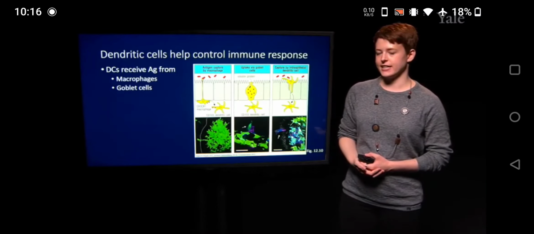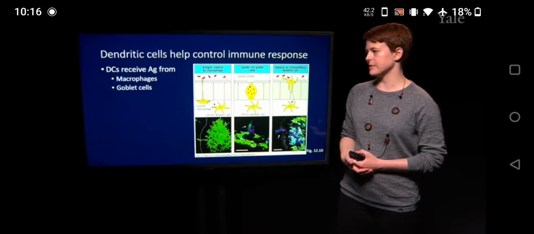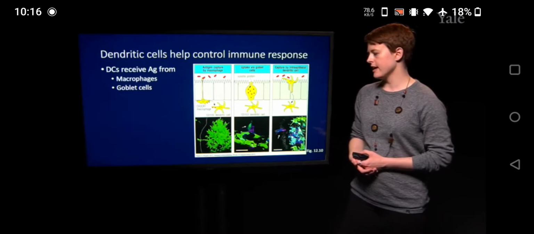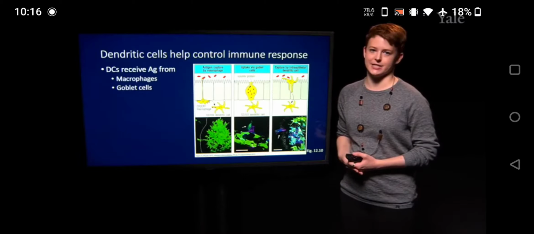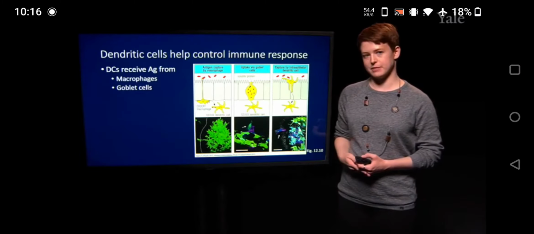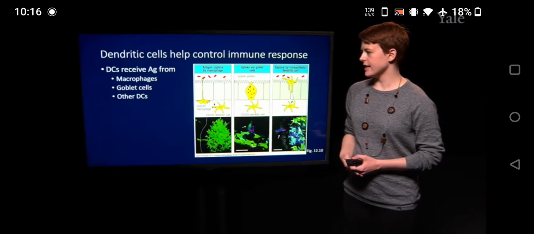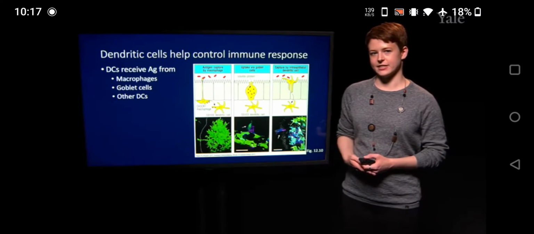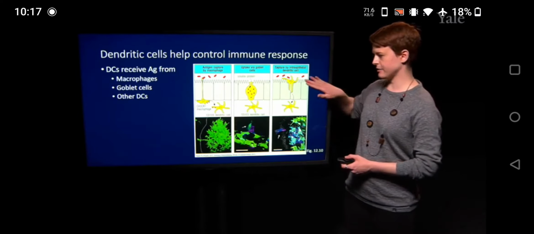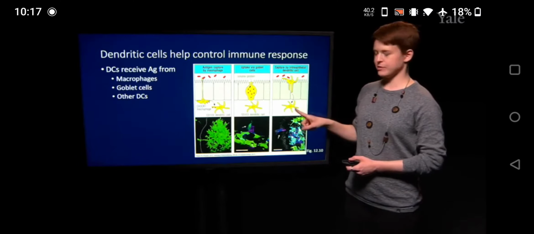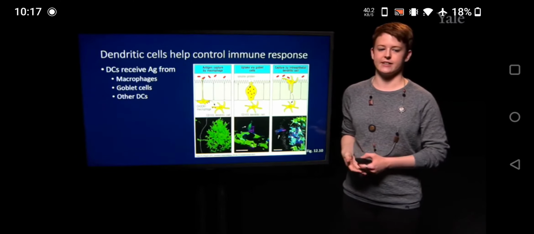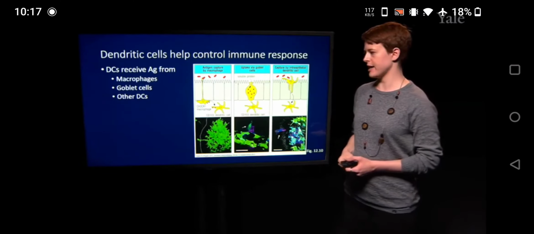Goblet cells within the gut can also take up soluble protein antigens, and dendritic cells in the Peyer's patches can then receive these from the goblet cells. Other dendritic cells can be in contact with the gut lumen and transport antigen across to other dendritic cells on the other side of the epithelium.